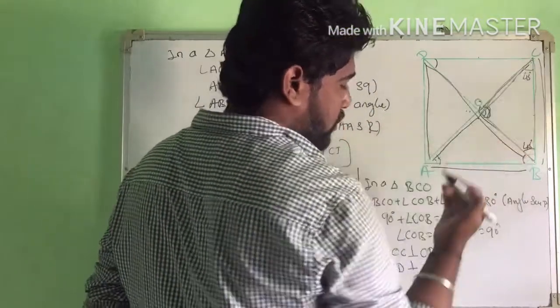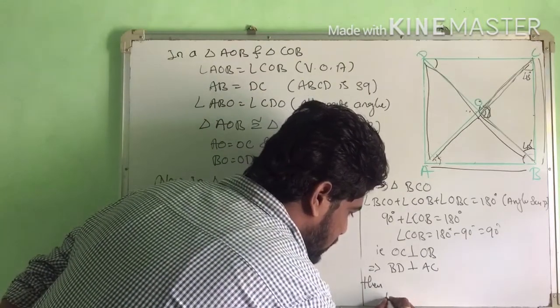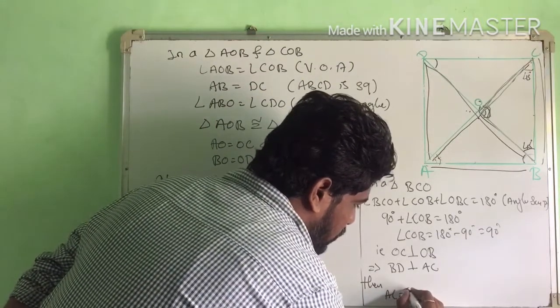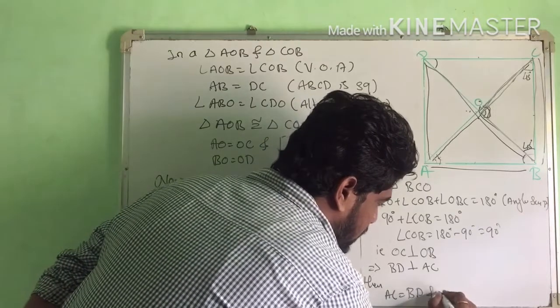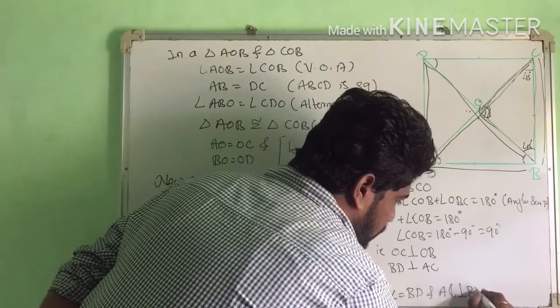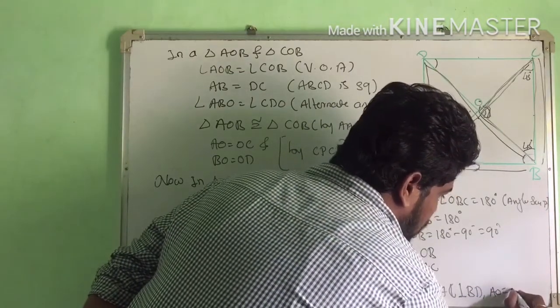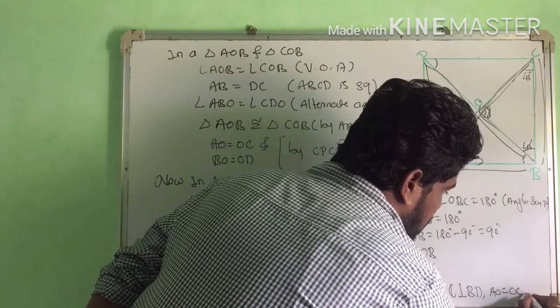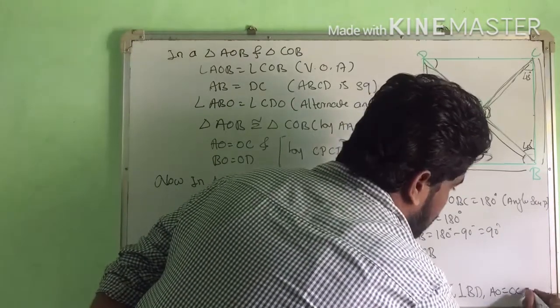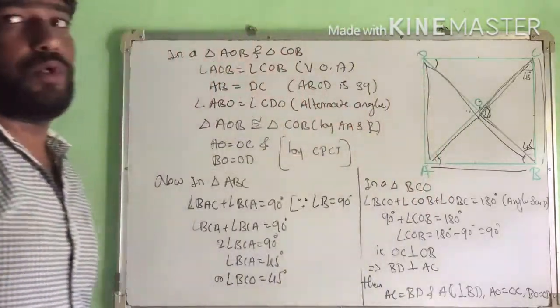BD is perpendicular to AC. Hence AC is equal to BD, and AC is perpendicular to BD, and AO is equal to OC, BO is equal to OD. Hence proved. Is it clear?